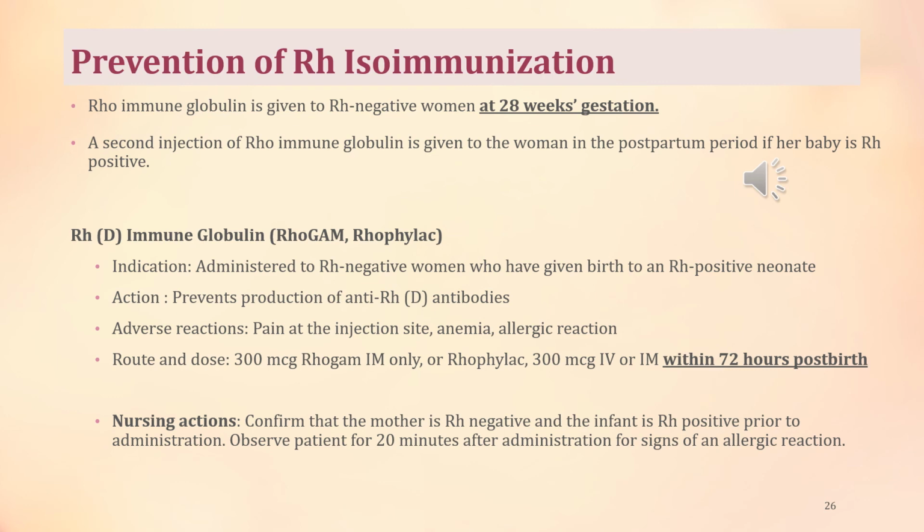Because O positive is much more common, it's considered a stronger trait. Typically, if dad is O positive, mom is O negative, baby will be O positive. Okay. So what does that mean? It means that the woman's body sees this O positive baby. It can be B positive, it can be A positive, it can be AB positive.